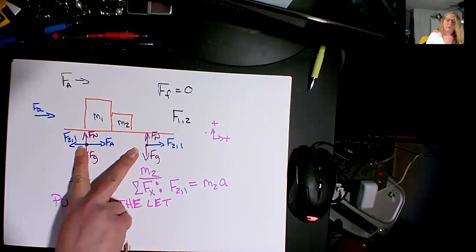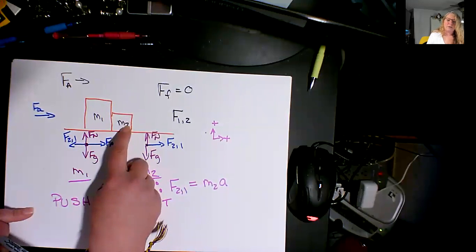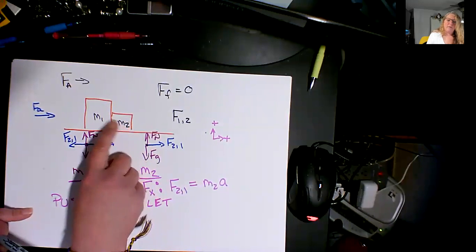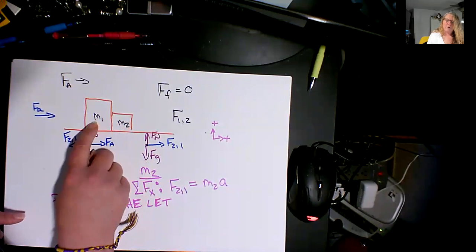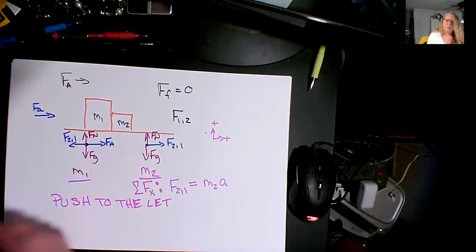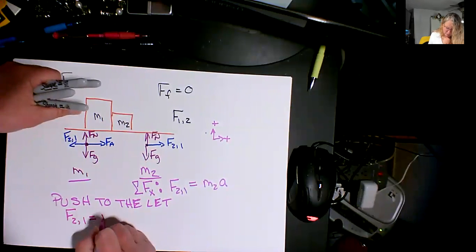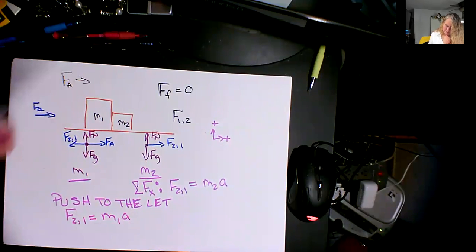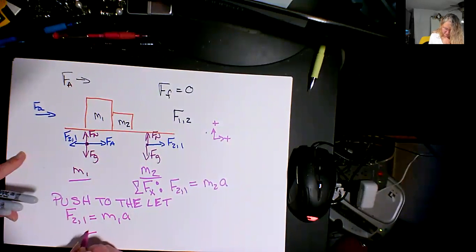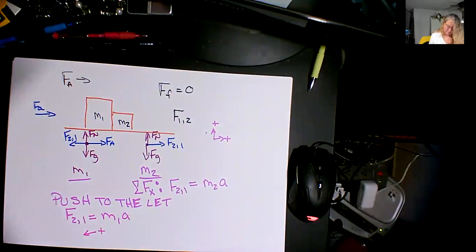Now I'm pushing on mass 2, and the force of 2 on 1 equals mass 1 times acceleration. I'm going that way, and this time I'll define left as positive.